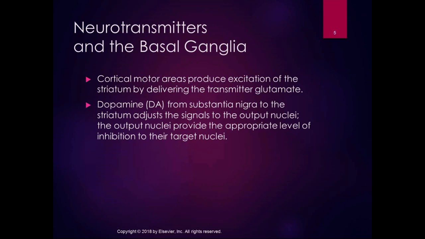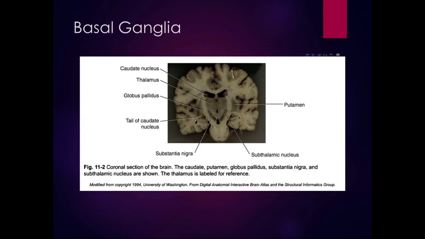The output nuclei provide the appropriate level of inhibition to their target nuclei. So we're going to start talking about the idea of inhibition versus disinhibition. Disinhibition is sort of like a double negative: it's inhibited and then it's disinhibited. We'll try to get our heads around the idea of disinhibition.